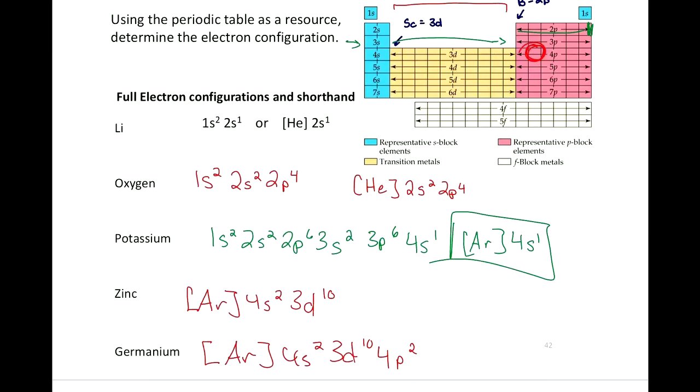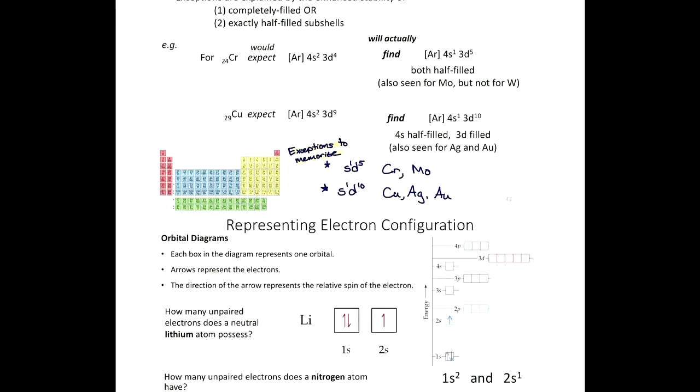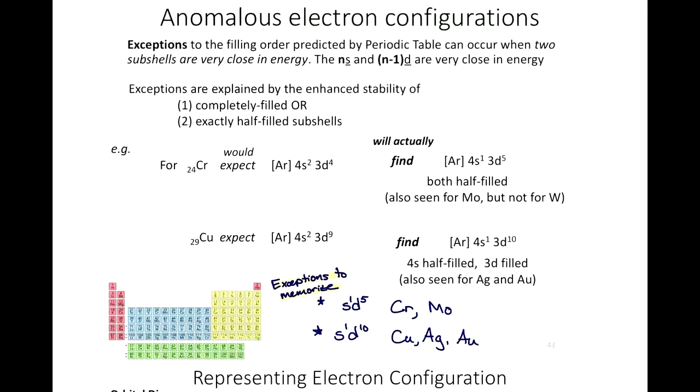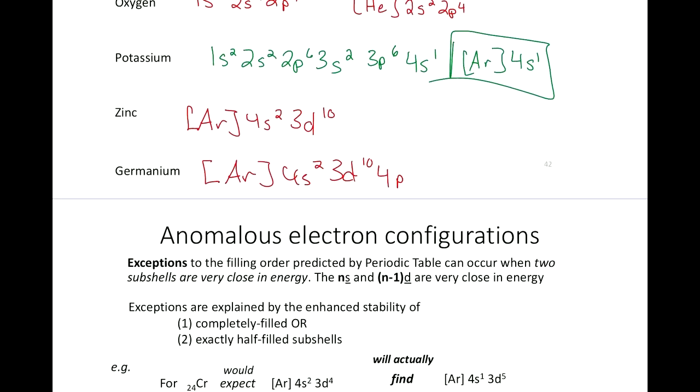All right, so there are some anomalous electron configurations. Most of these are transition metals. What we saw for zinc and germanium is that we filled 4s orbitals before d orbitals, and the reason is that once we start introducing d orbitals, the energies start to be similar, so we fill them kind of out of order.